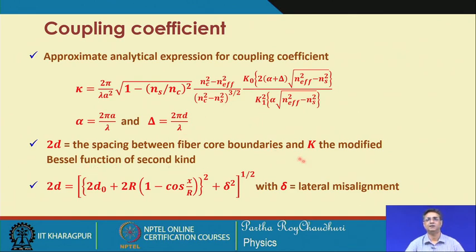We have seen this K in the case of optical fiber. This delta 2d is the analytical expression we can get with a little bit of geometry, and can be expressed as 2d0 plus 2r into (1 minus cos(x/r)) whole square. And delta is the lateral misalignment.